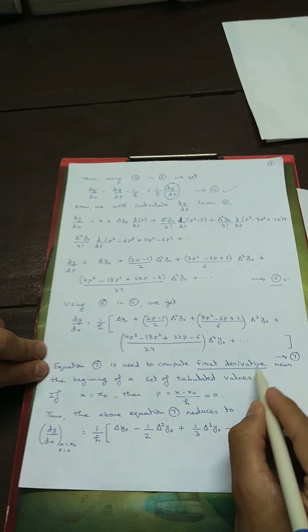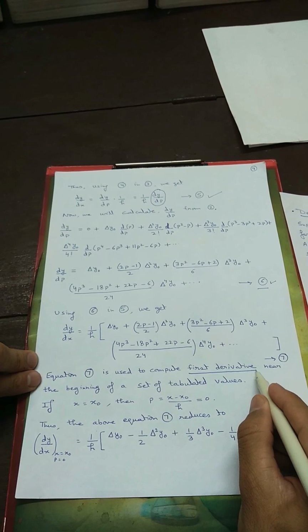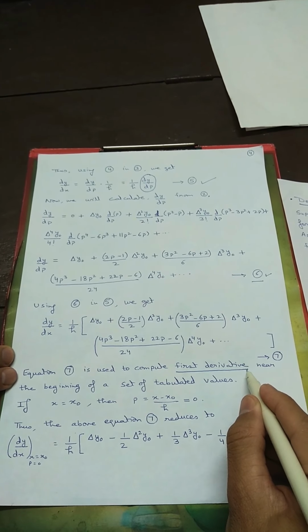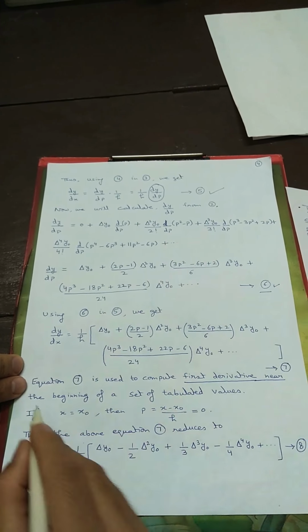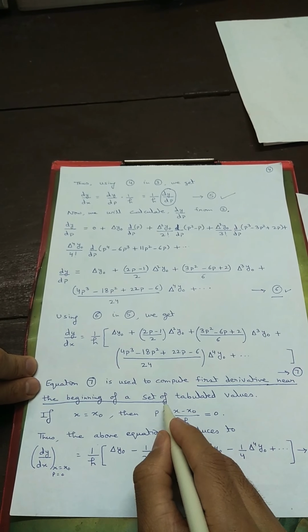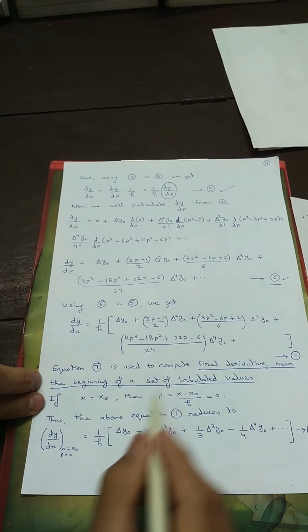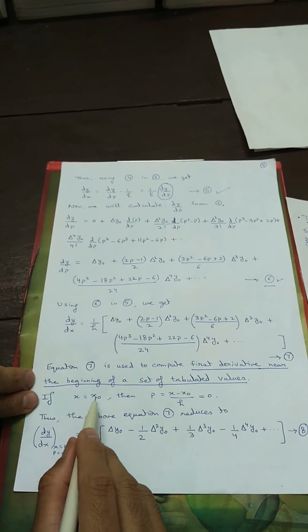So the first derivative this equation gives is used to find the derivative near the beginning of a set of tabulated values.